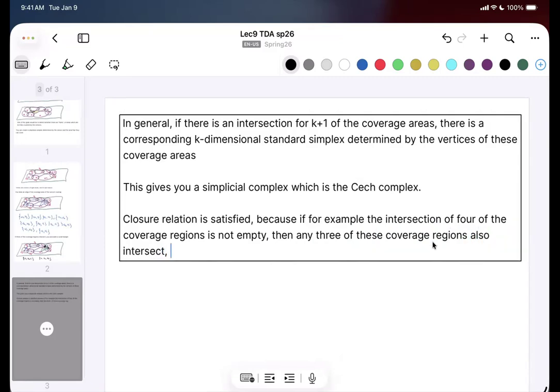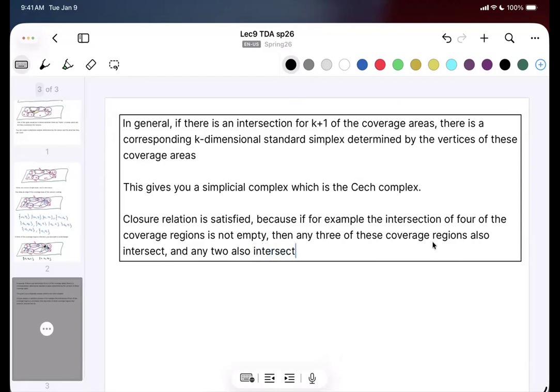It literally is kind of like coloring. If you're able to color a tile with four colors, then any three of those four colors are present in the coloring, or any two of those four colors, and so on. And any two also intersect.